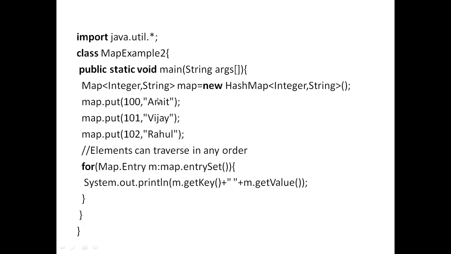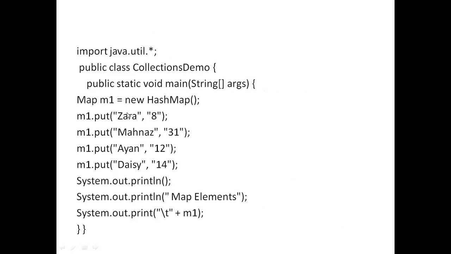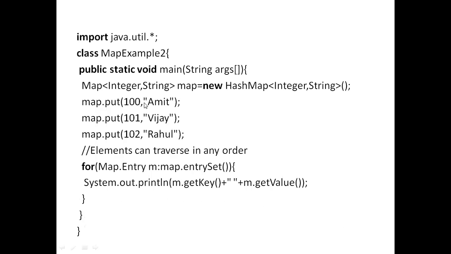Okay, one more example. Map<Integer, String>, like this you can give integer comma string. If you give Integer, String and write Amit comma 100, it is wrong. We have already discussed generic and non-generic. New HashMap<Integer, String>, you can put 100 comma Amit. So at the key 100, Amit will be stored, Vijay will be stored, and Rahul will be stored.